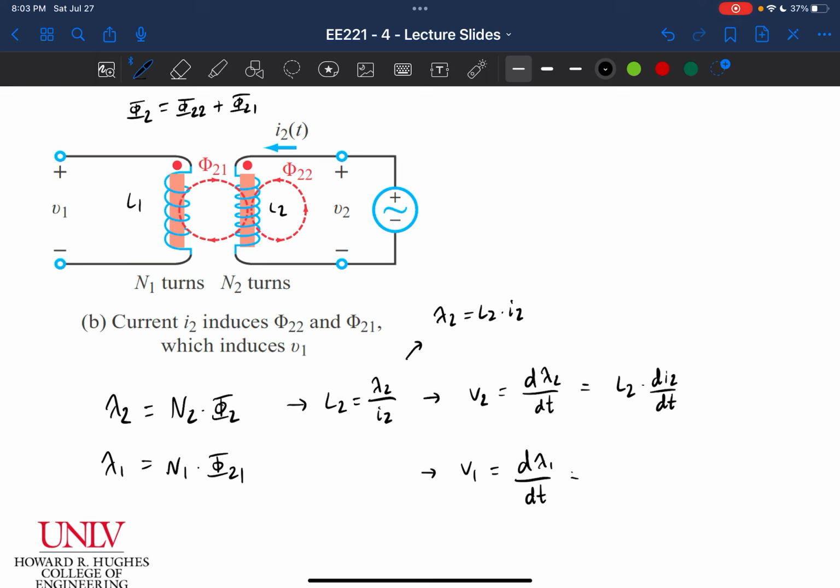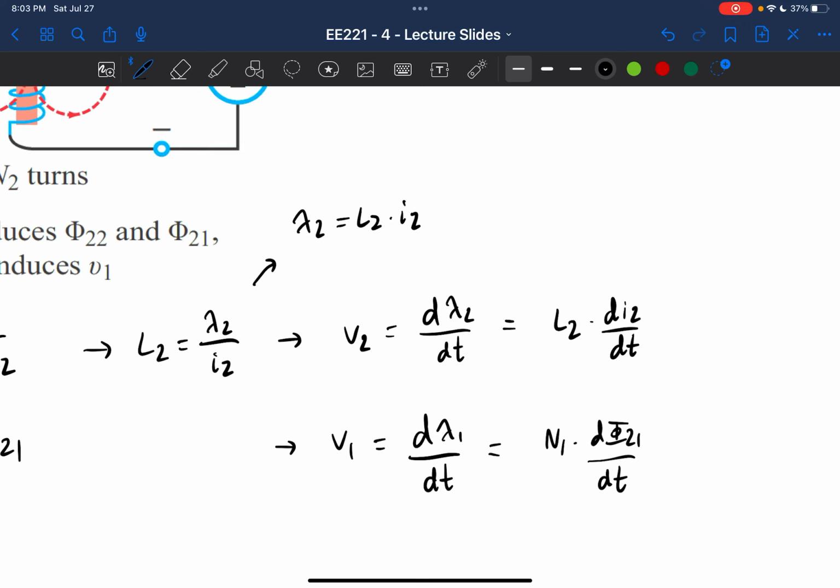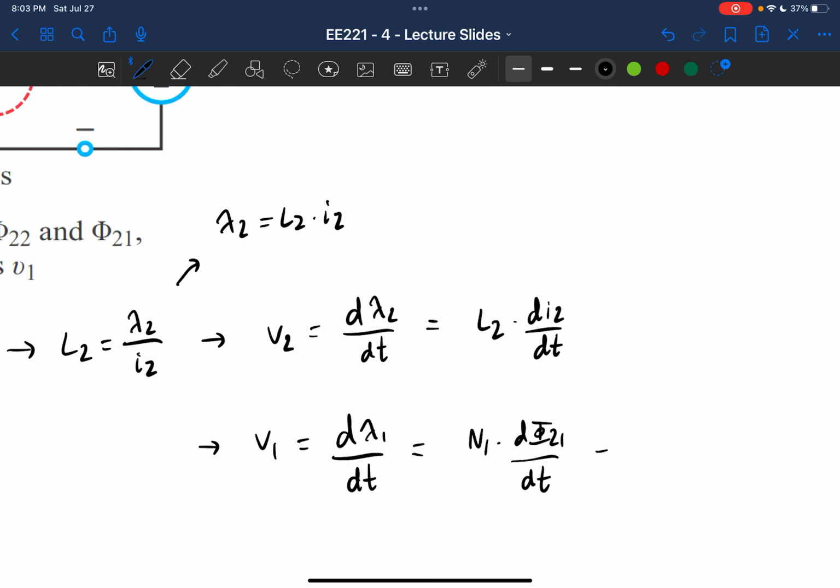And so then we write this again as N1 times d phi 2,1 with respect to time. And because we know that this flux here was induced by current I2, we can rewrite this as N1 times d phi 2,1 di2 multiplied by di2 dt.